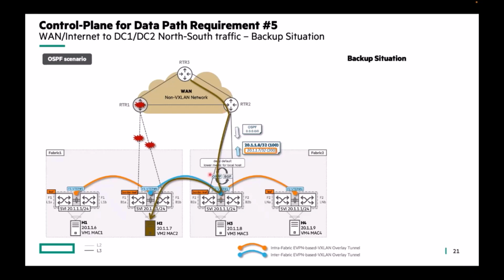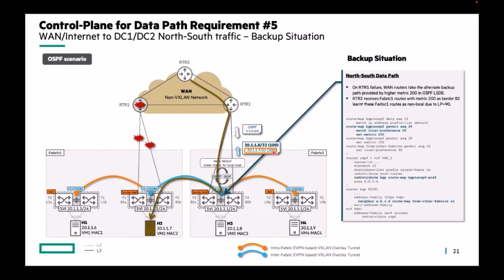Now it will use this because the direct uplink to its own router is down. That's why we need that route also. We are not denying it, and we are marking them through metric for the backup situation. That is what I've highlighted here with the same route maps, showing which route map is used to achieve this.